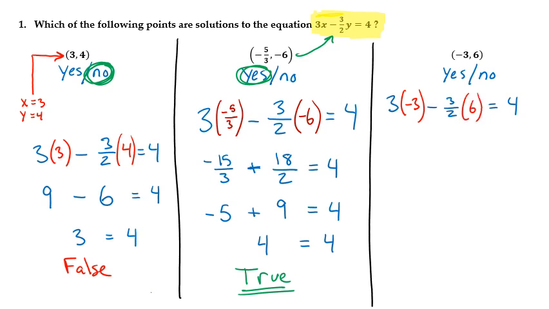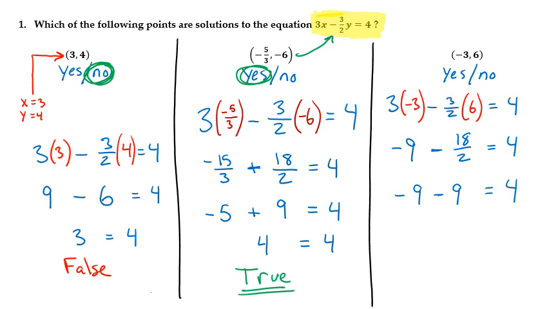-3 times -3 is 9. Then we've got minus 3 times 6 is 18. So that's 18/2 equals 4. Well, we don't know if it equals 4. -9 minus 18/2 means 18 divided by 2 again, so that's another 9.